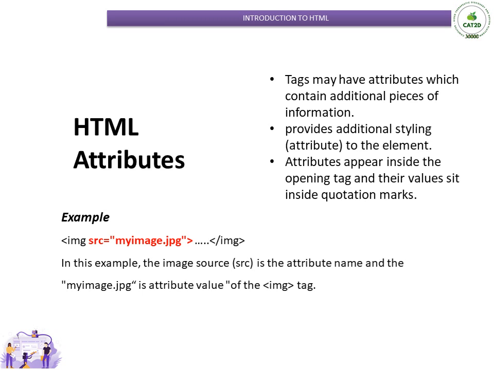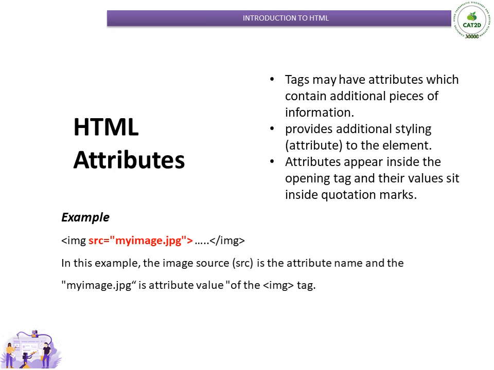The source automatically links that image tag to the source of the image. The source can be directed as my image, or it can be in a directory. For example, it can be in C, then users slash documents slash maybe your video folder, and there you can have your image. So the source simply means where that image is located on your system.